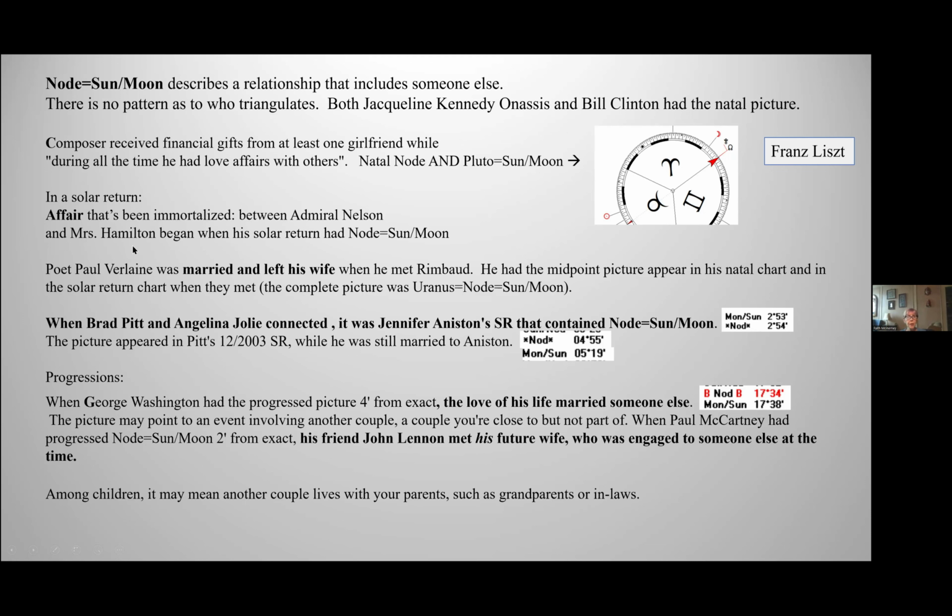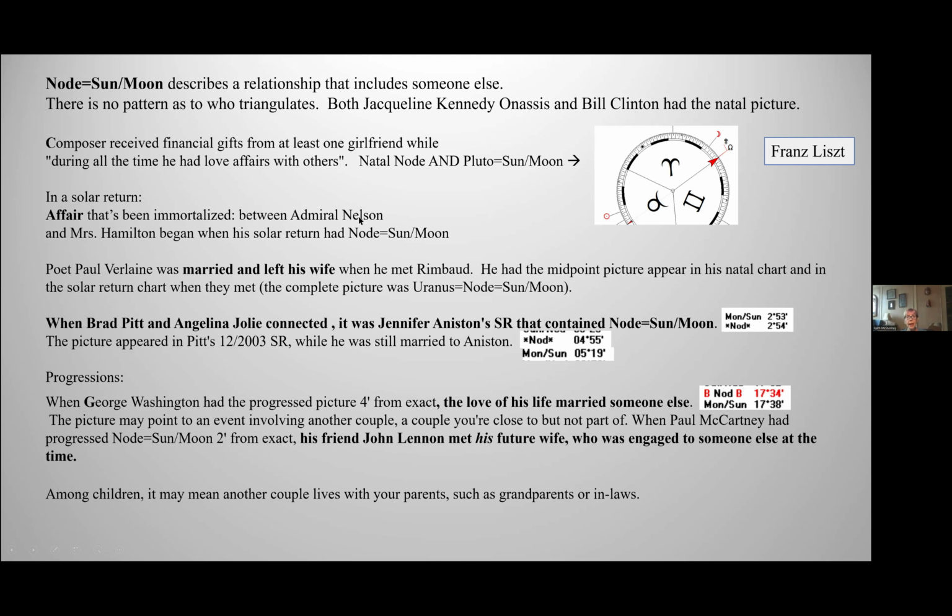So here's another, this is how it worked out when it appeared in solar returns. An affair that has been immortalized between Mrs. Hamilton and Admiral Nelson. When that affair began, his solar return had node equals Sun Moon.